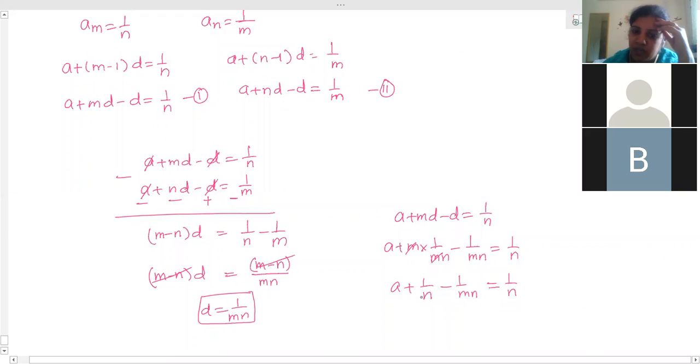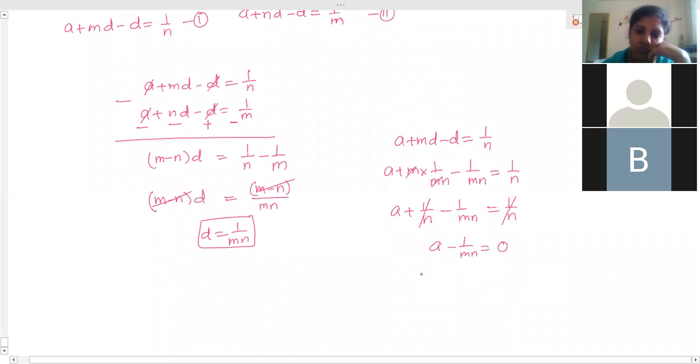So this 1 by n and this 1 by n becomes 0, because if this is positive, it will go to the other side, become negative and get cancelled. So a minus 1 by mn is equal to 0. So what is the value of a? a is also 1 by mn. So there also you got 1 by 63. In that question you got 1 by 63.